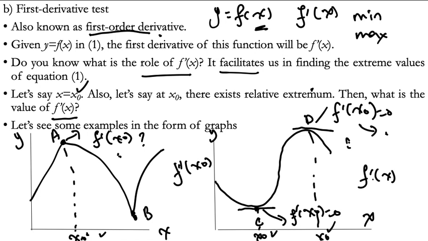Number one, a relative maximum, if f prime x changes its sign from positive to negative from the immediate left of point x naught to its immediate right. For instance, look at this point D.